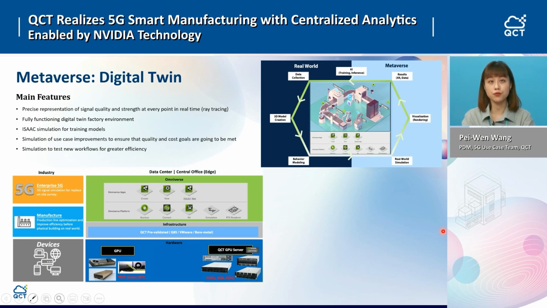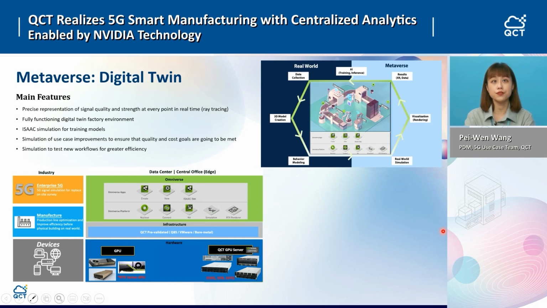The QCT Omniverse platform is also used as a centralized platform to integrate back-end and front-end systems to scale the tech stack, support analytics, and train models for the optimal planning and deployment of 5G infrastructure and use cases.